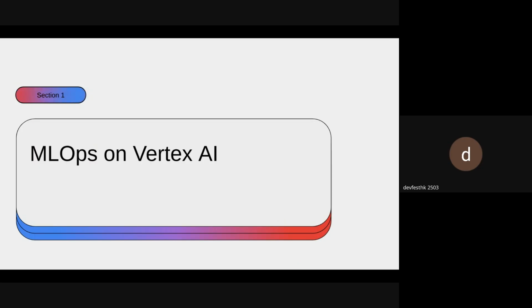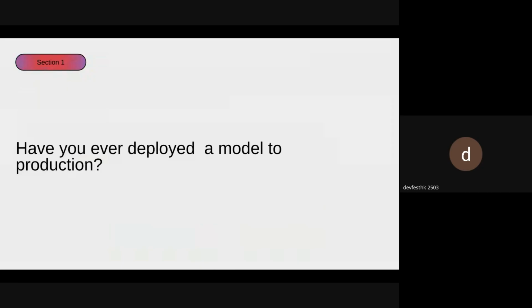First we'll go through MLOps on Vertex AI. Have you ever deployed a model to production? As I said before, from the infrastructure engineer perspective, how do we deliver the model to production easily and avoid repeatable tasks? I don't want to build, deploy, train, and tune manually.